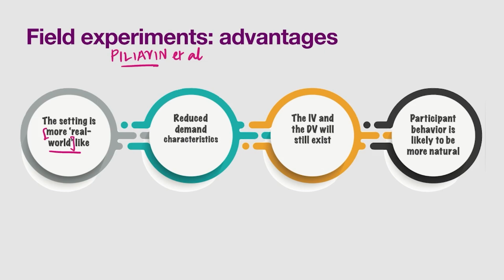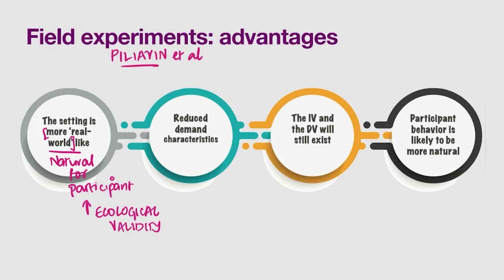And so the settings of field experiments are very natural for participants, and that's a big advantage because it also ensures that there is higher ecological validity, meaning that because it's in the real world, the results are more likely to be generalizable, or very highly generalizable, to real world settings.